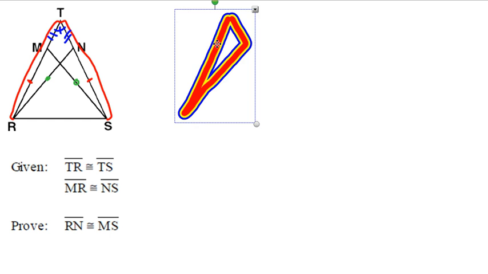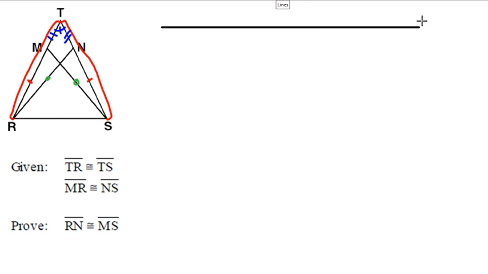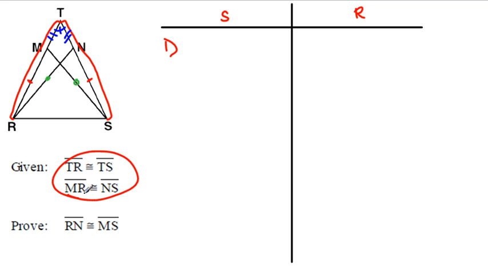So then let's try to get started. First, we're going to write down the statements and reasons right over here. Once again, we're going to assume that all these things are right over here, and then the reasoning will be the givens. Number 2.